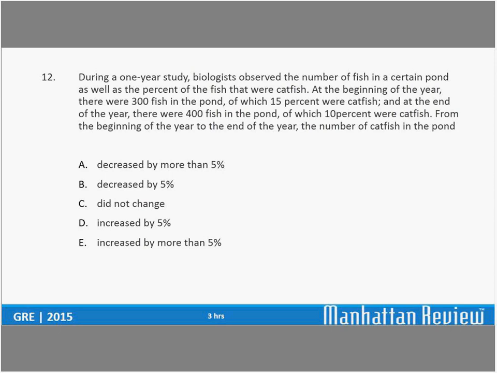These are the things they are observing: number of fish as well as percentage of catfish. Obviously, in the variety of fish there is catfish as well. Among the fish in the pond, they are observing the percentage of catfish.